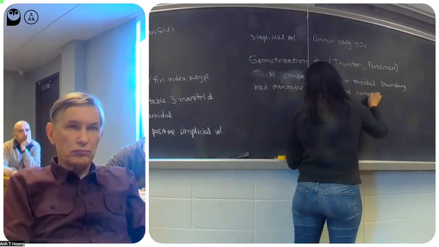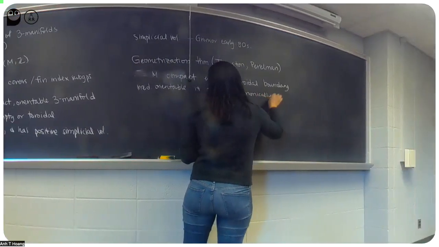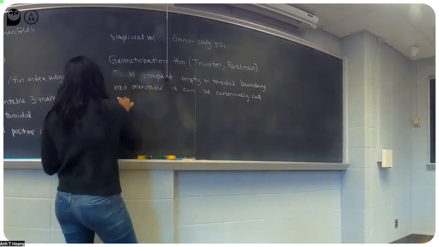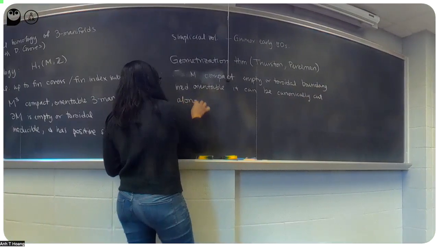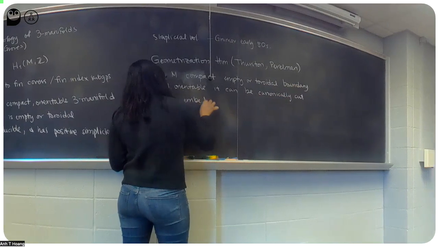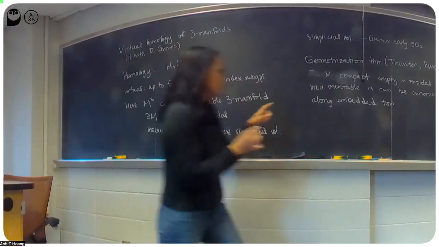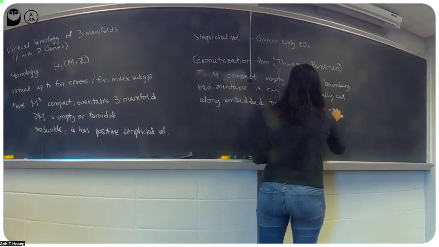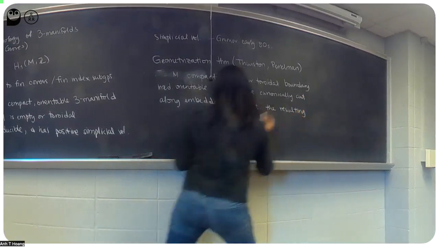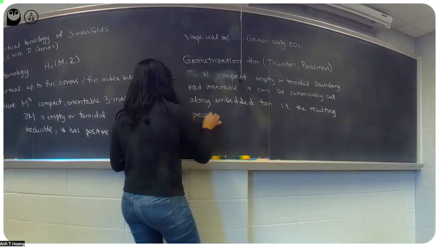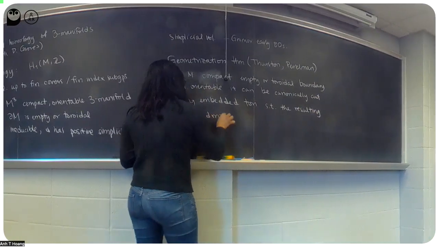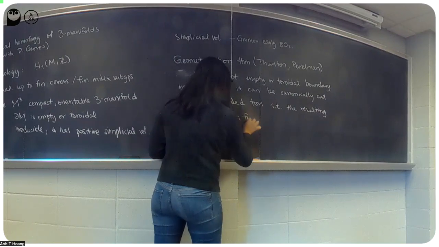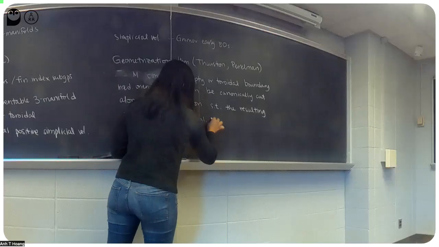Then it can be canonically cut along embedded tori, so these are two-dimensional tori, such that the resulting pieces admit a finite volume geometric structure.